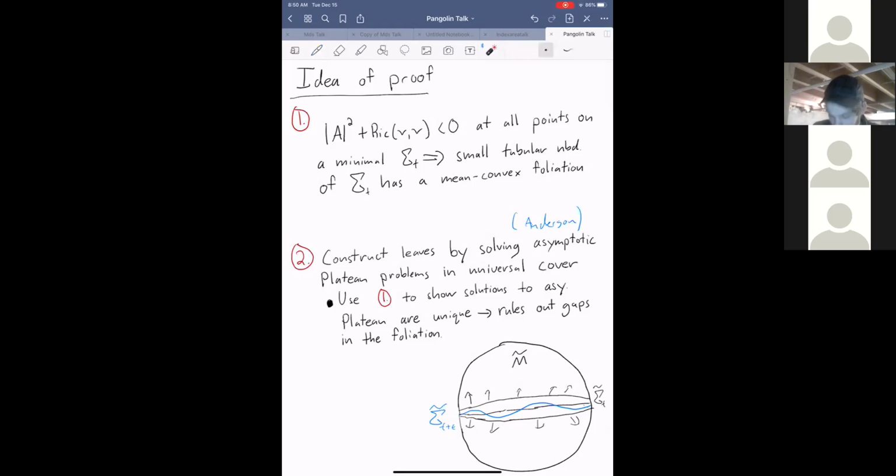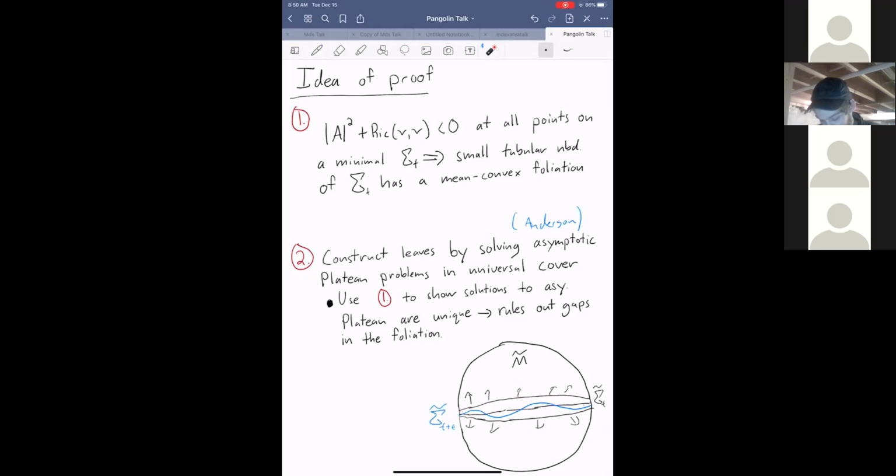We lift our surface sigma sub t to the universal cover and get this surface here, sigma sub t tilde. If we look at the parallel surfaces at distance plus epsilon and minus epsilon to sigma sub t tilde, which I've drawn here as these surfaces above and below sigma sub t tilde, the arrows outward indicate that these surfaces are mean convex.